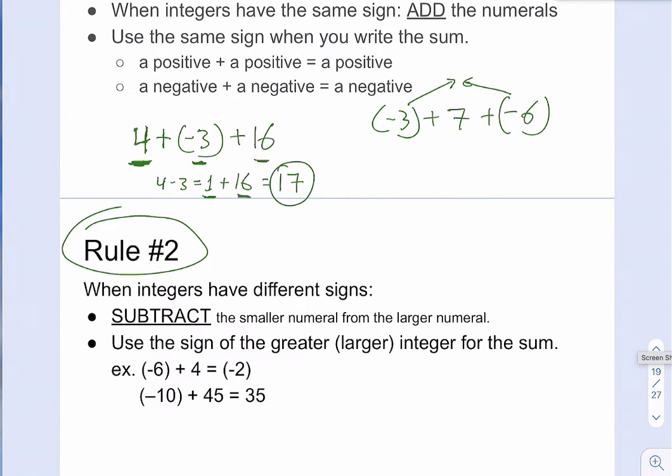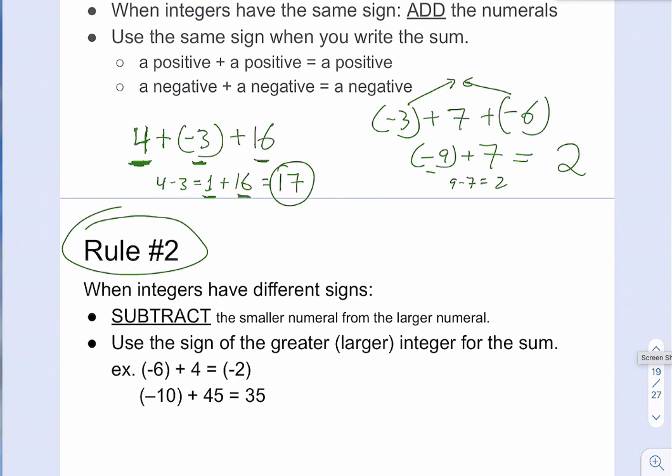If I add those two together, grouping the like things together, it's going to help. -3 and -6, we know the signs are the same, so you just add them together and keep the sign. That's going to be -9, and then a plus 7. Now I've simplified this equation. Now I'm going to use rule 2 because I have a negative and a positive, so I need to subtract those. The difference there is 2.